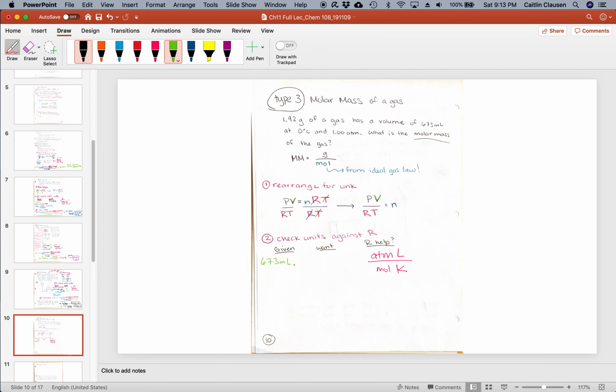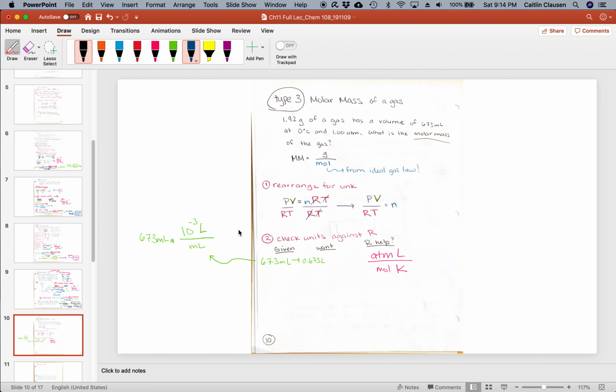If we want to convert from milliliters to liters, the m in milliliters stands for 10 to the minus 3 liters. And that should give you 0.673 liters.